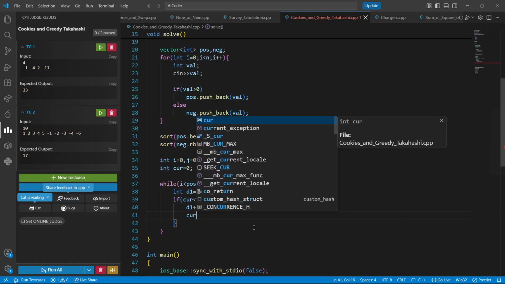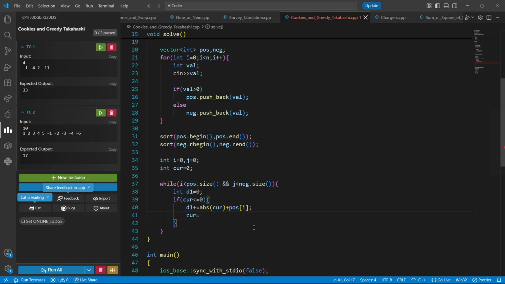And your current position is going to be positive of i. We do not do this initially because we have not chosen which cookie we are choosing, so the current position will not be taken care of right now.